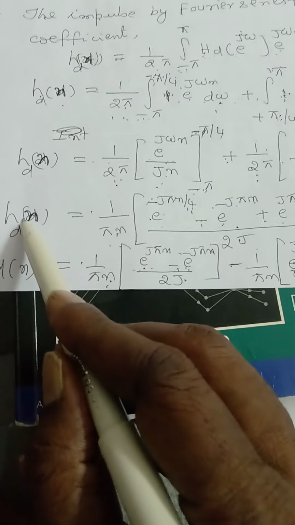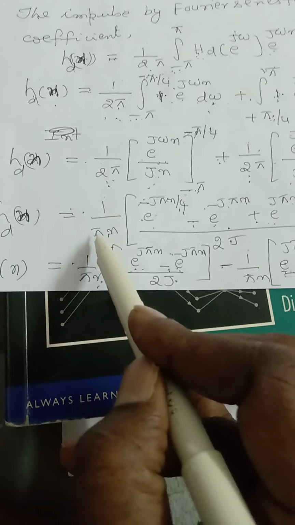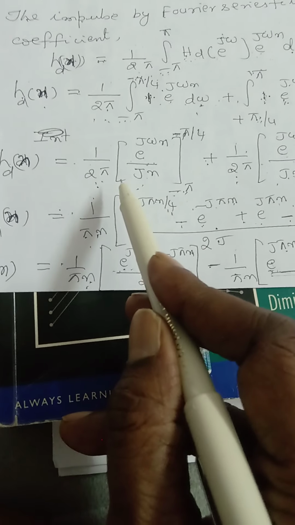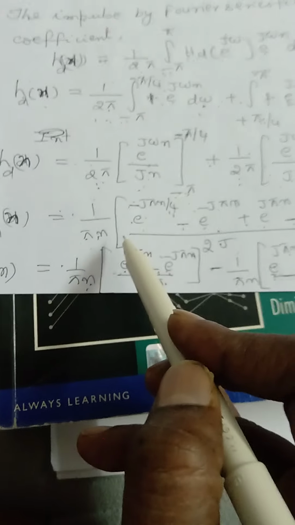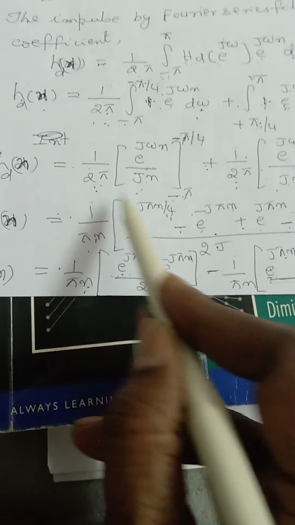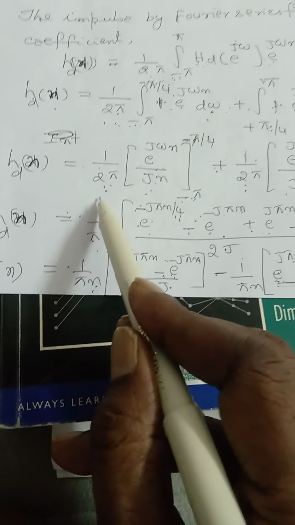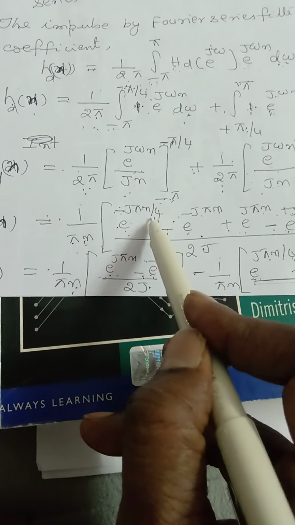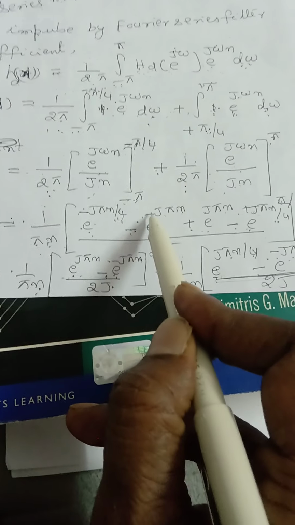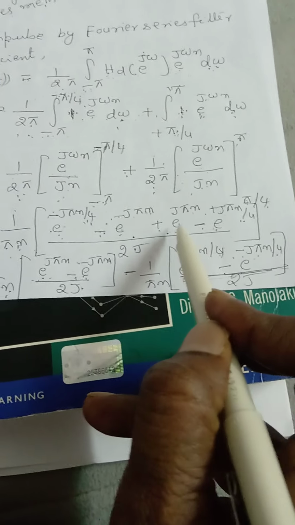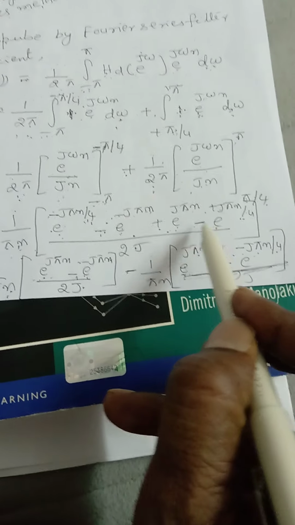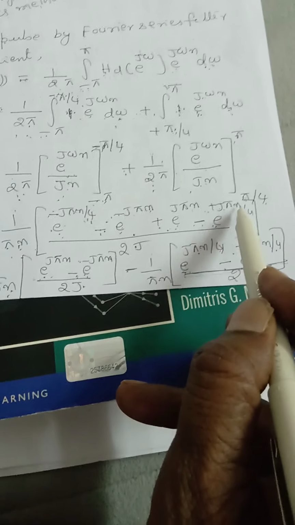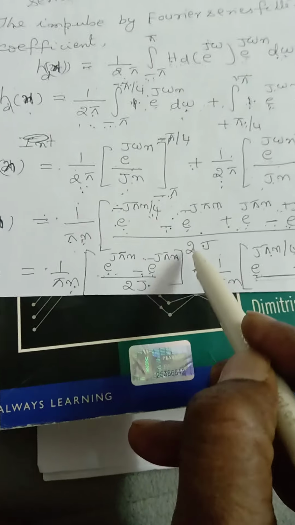Now hd of n is equal to 1 by pi n taken out of the bracket for the sake of simplicity, with a trigonometric relation and 2 inserted into the bracket. That's why hd of n is equal to 1 by pi n into e to the power of minus j pi n by 4 minus e to the power of minus j pi n plus e to the power of j pi n minus e to the power of j pi n by 4, then divided by 2j.